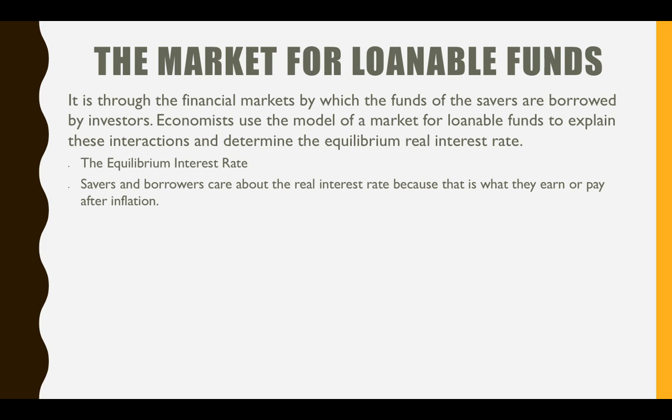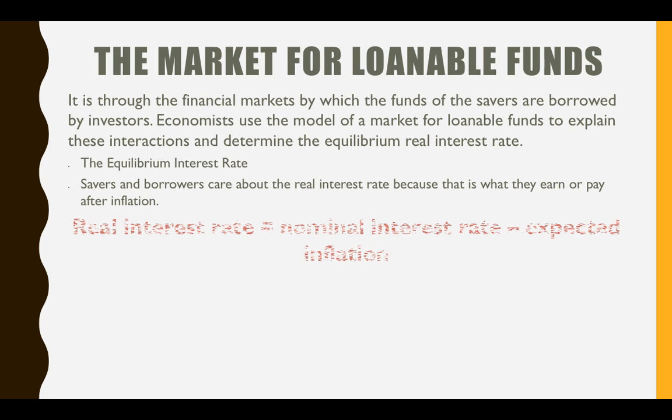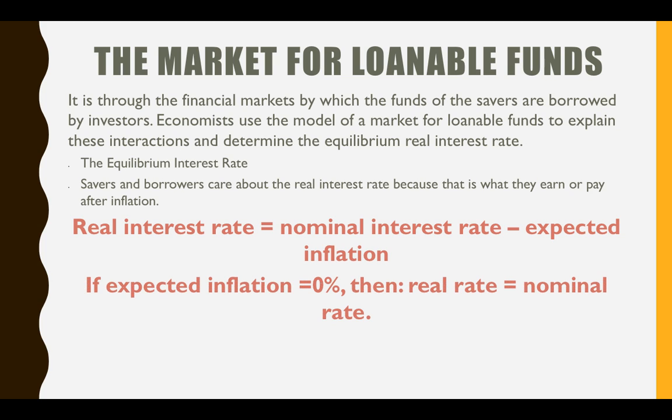And so in order to get my real returns, I need to understand what the inflation is going to be. And so the real interest rate is the nominal interest rate minus what inflation is expected to be, or expected inflation.